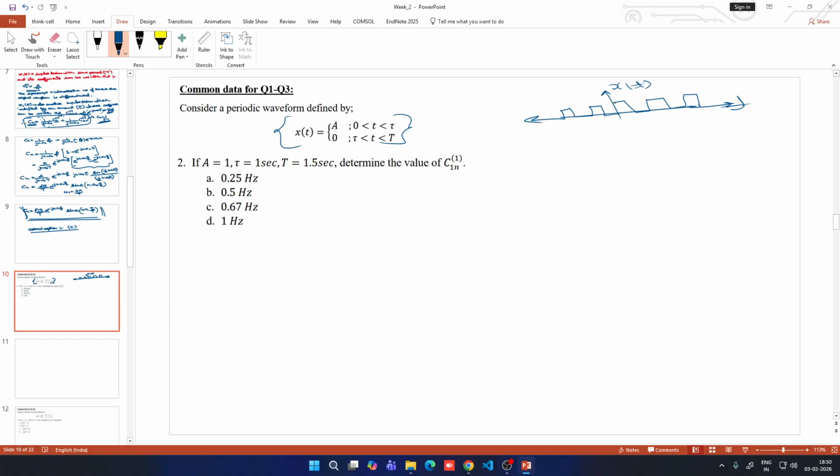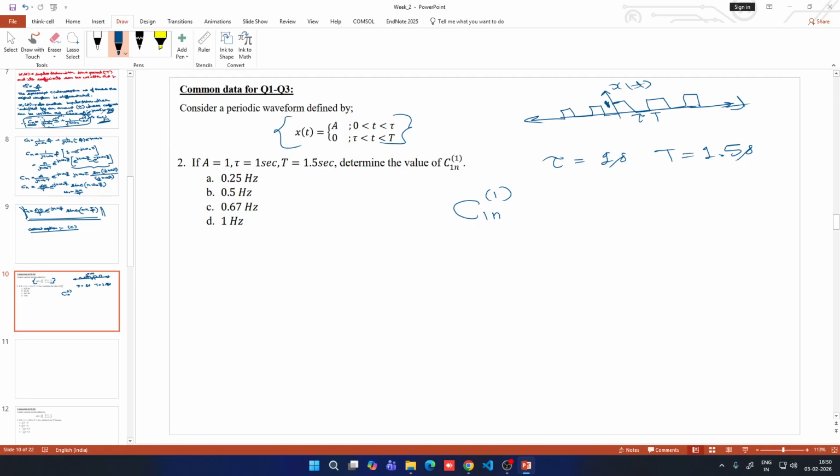Now we know the amplitude is 1, and tau is given as 1 second, and the time period of this periodic signal is 1.5 seconds. So in this problem, we have to determine the value of c1n of 1.